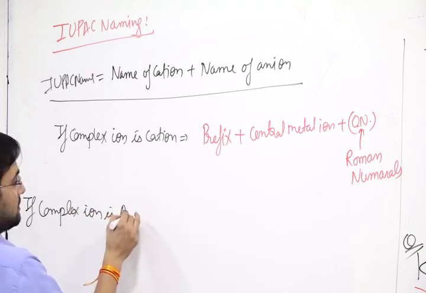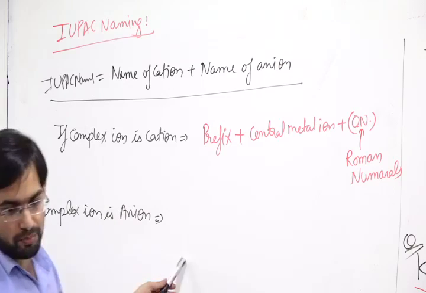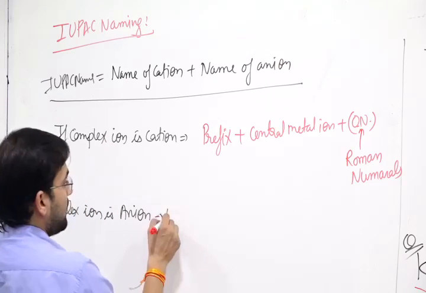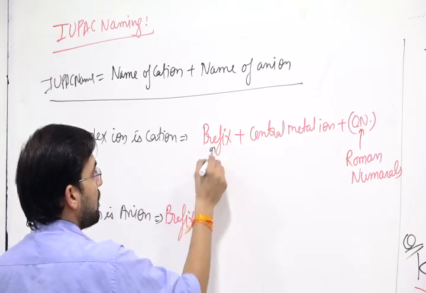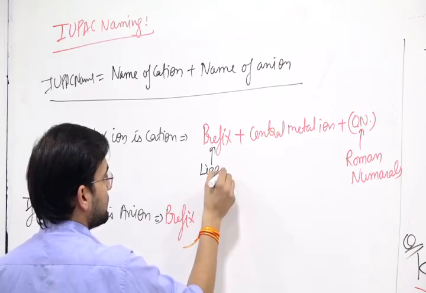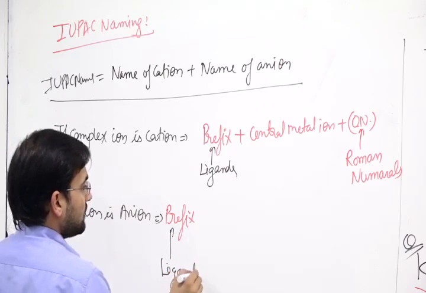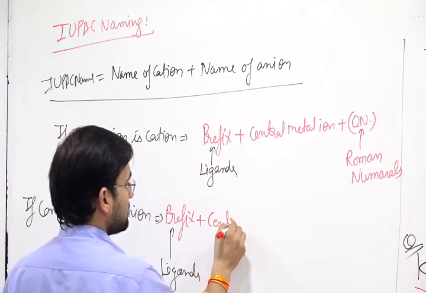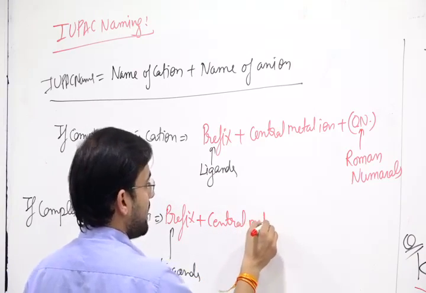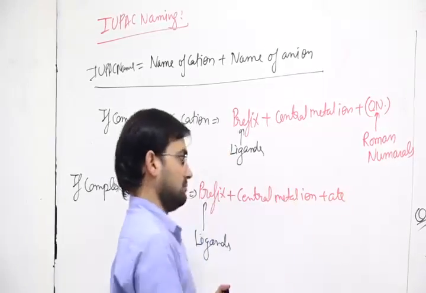Next point: if the complex ion is an anion, then what do we write? We write prefix, and this prefix is also for ligands, plus central metal ion plus ATE.